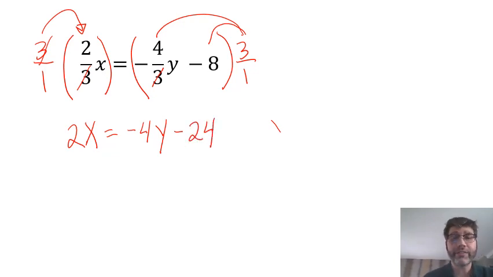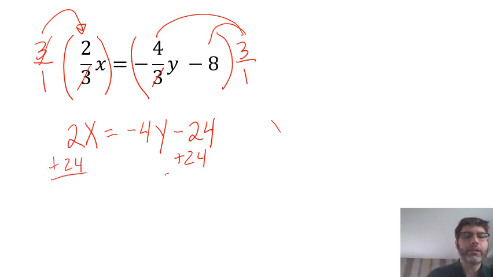So now I have at least an equation that doesn't have any denominators in it. We need to isolate y now. So what I'll do is I'll add 24 to both sides here. All right. So we've got 2x plus 24 equals negative 4y.